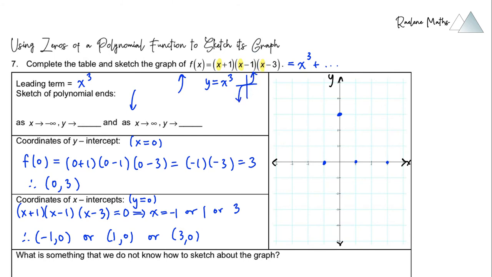But we're only focusing on the ends, because the x-intercepts mean that the middle behavior looks different. And so what this says is as x goes to the left, y goes down. So as x approaches negative infinity, y approaches negative infinity. And then on the right end, as x approaches positive infinity, as x goes to the right, the graph goes up.